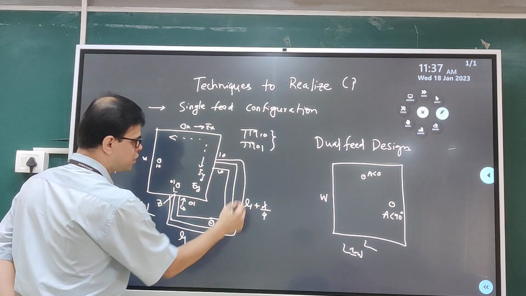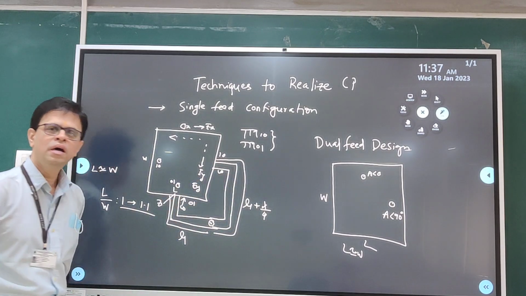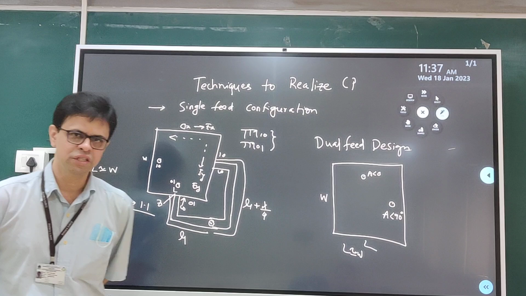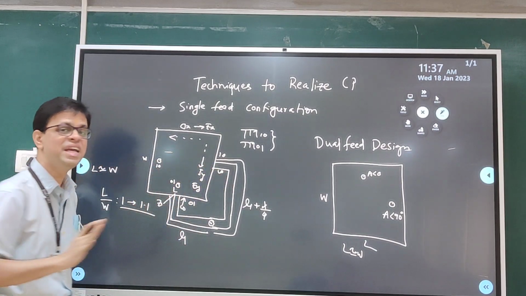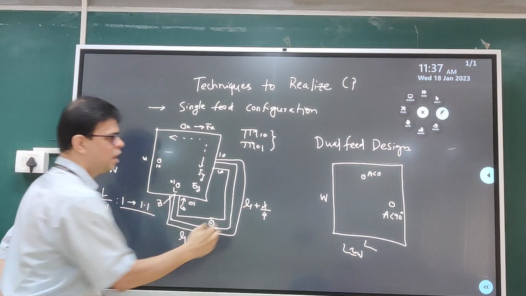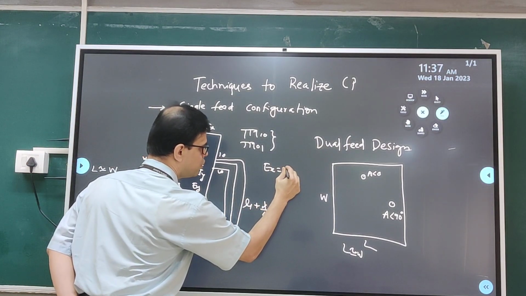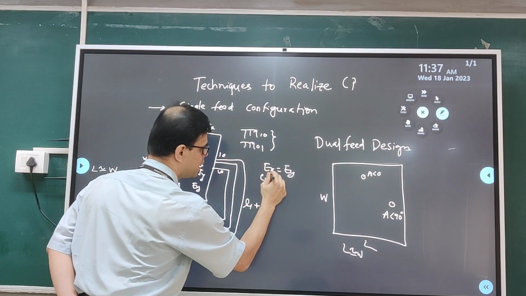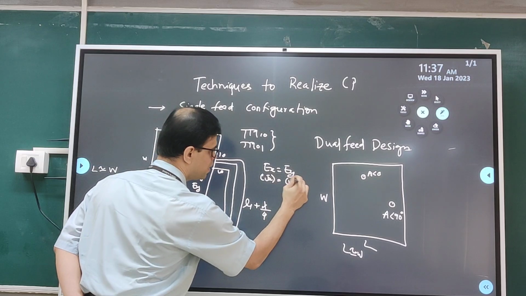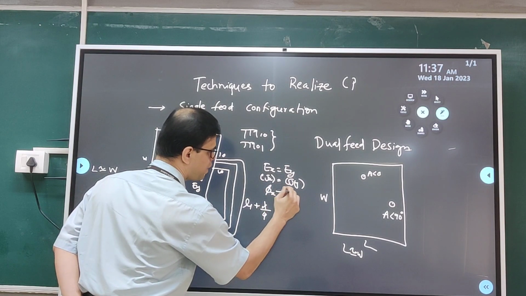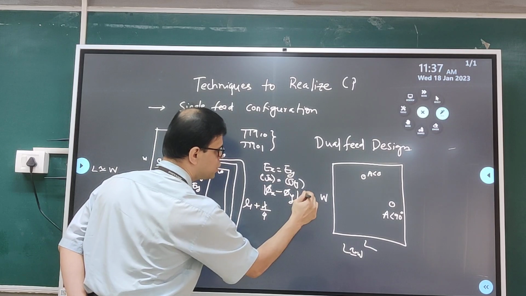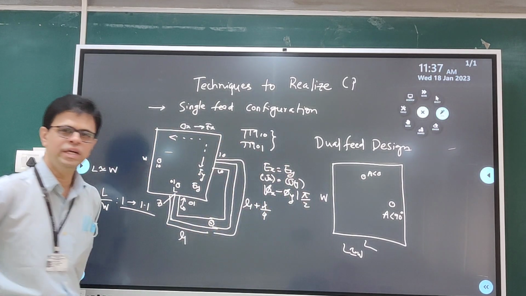Further, the difference of the individual line sections should be such that it excites orthogonal phase components, because apart from Ex equal to Ey, or rather Jx equal to Jy, what you require is that phi x minus phi y, in modulus, should be equal to pi by 2 radians.